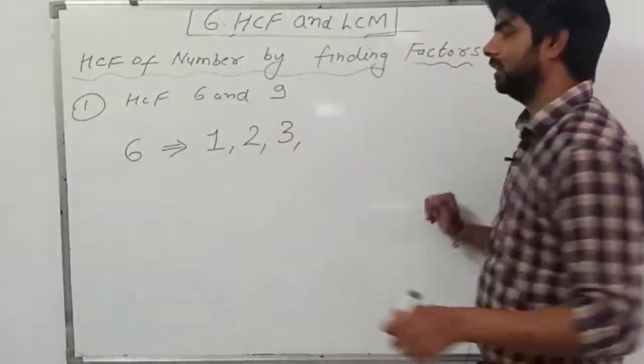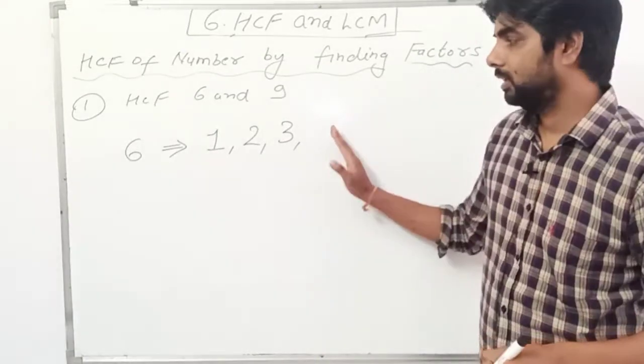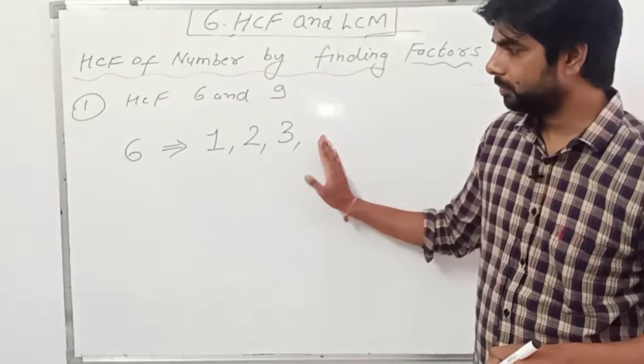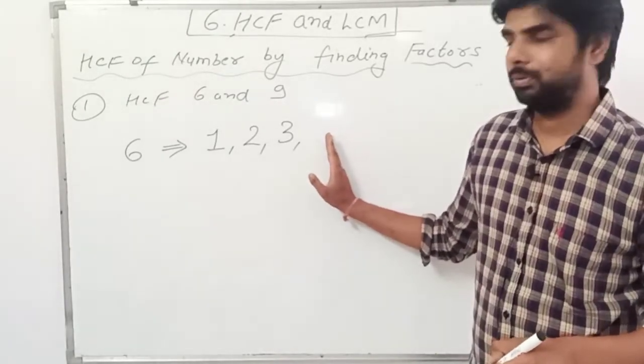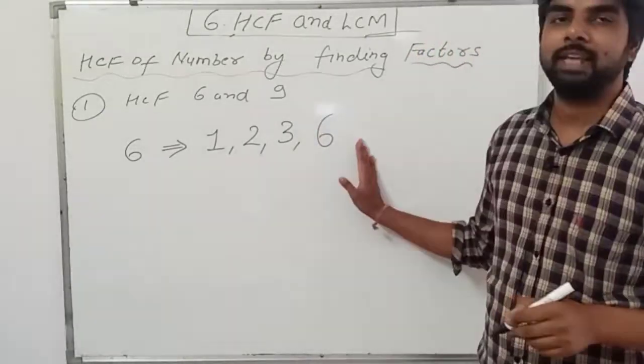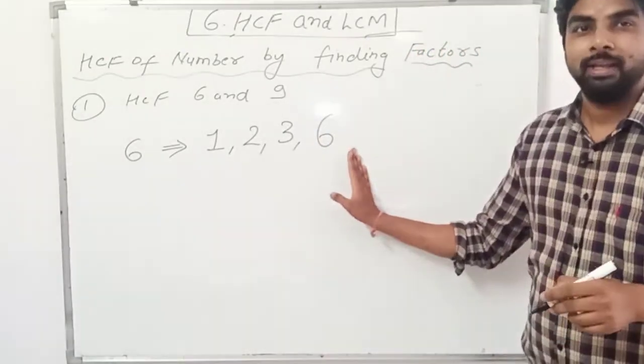So 3 is also a factor. In the table of 4, 6 doesn't come, that means 4 is not a factor. 5 1s are 5, 5 2s are 10, and 6 1s are 6. So 1, 2, 3 and 6 are the factors of 6.